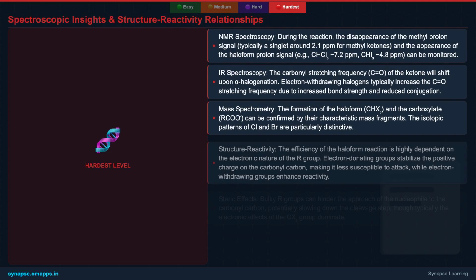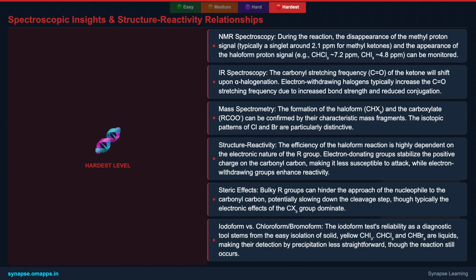Spectroscopic techniques provide powerful insights into the haloform reaction. 1H NMR spectroscopy can directly monitor the reaction's progress by observing the disappearance of the methyl proton signal of the starting ketone and the appearance of the characteristic proton signal of the haloform product. For example, the methyl protons of acetone typically appear around 2.1 ppm, while chloroform protons appear around 7.2 ppm.